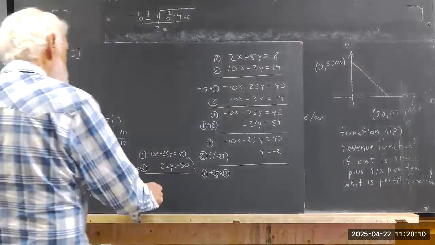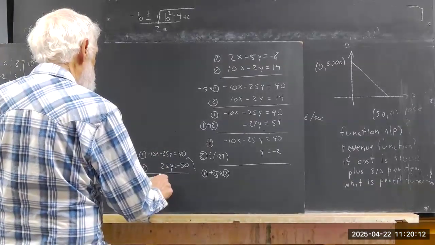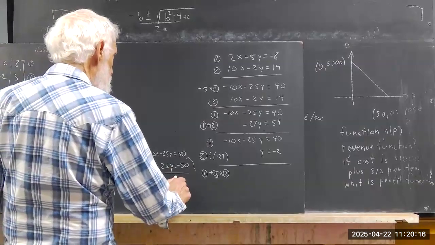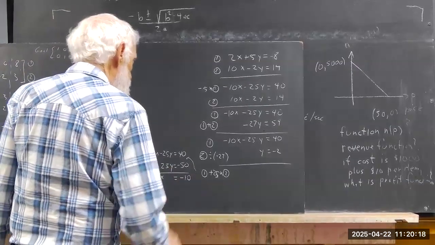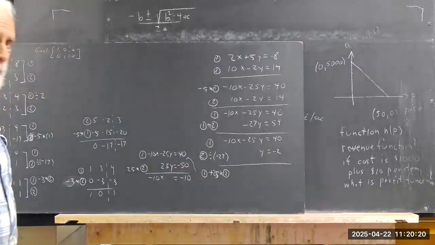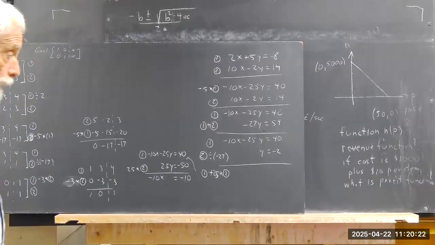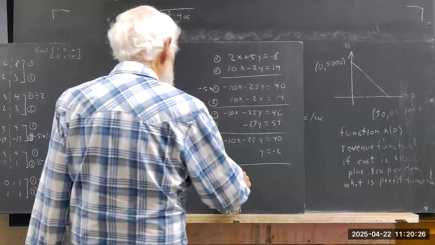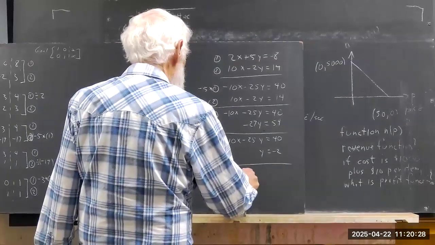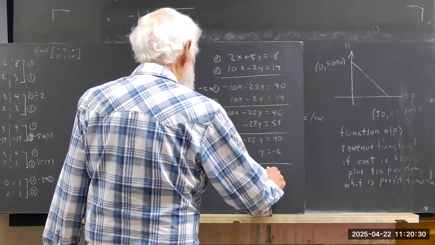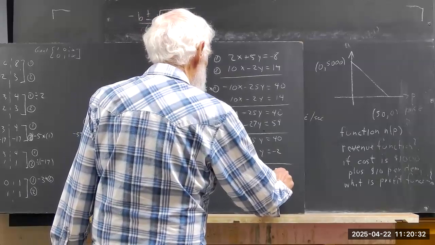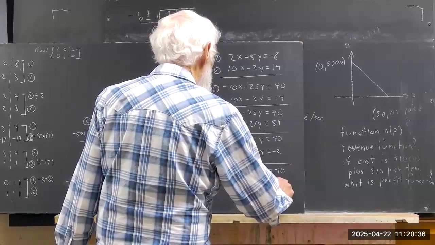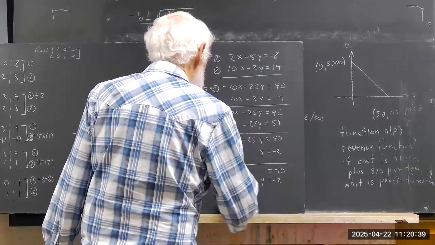If I add those two together, I get -10x. -25y and 25y is 0. And over here, I get -10. So now when I write equation 1 plus 25 times equation 2, I write -10x equals -10. And y equals -2.